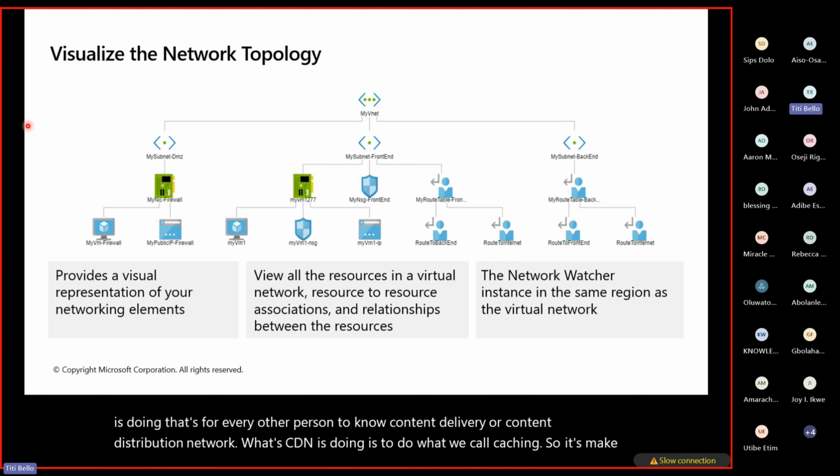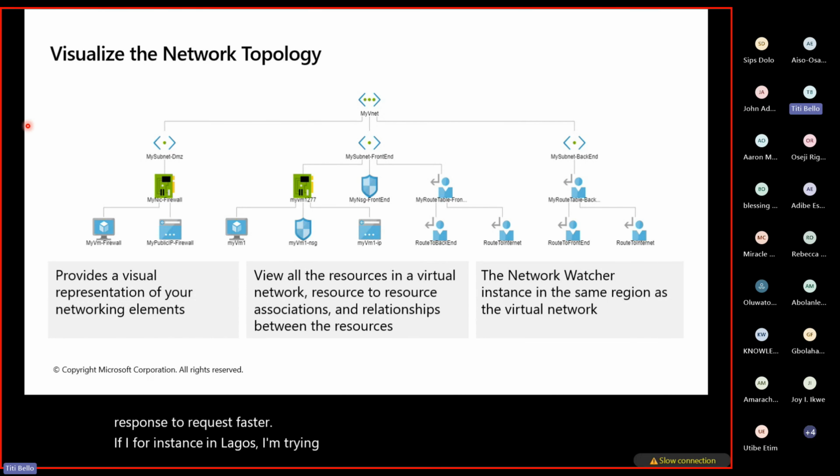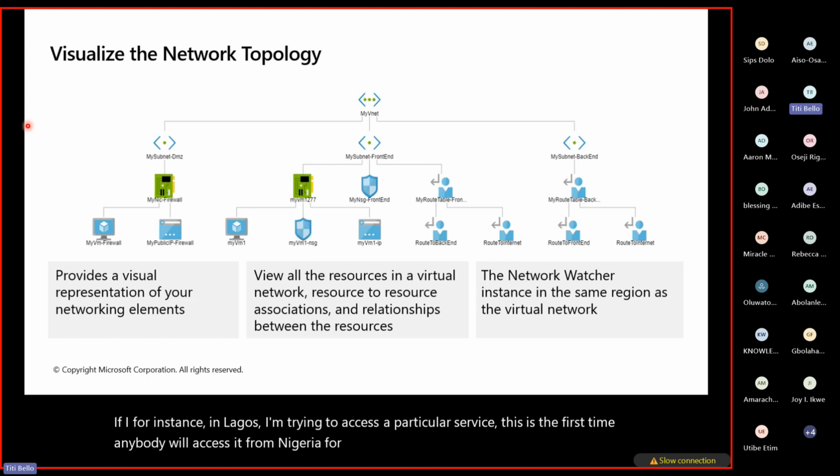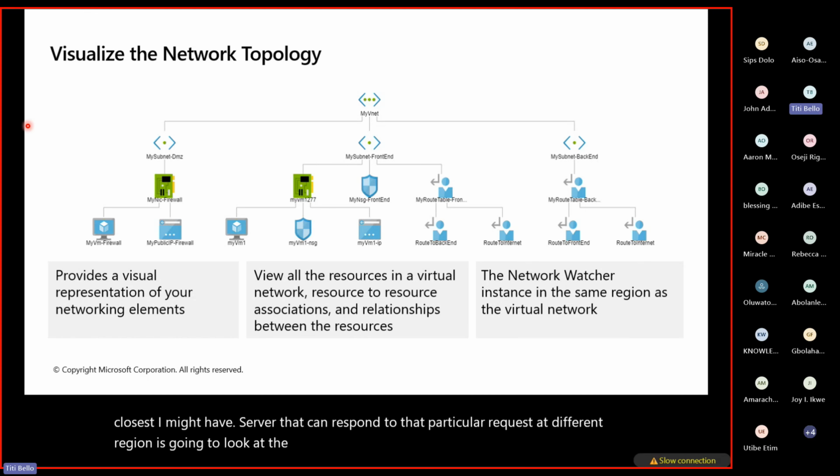response to requests faster. If I, for instance, in Lagos, am trying to access a particular service, and this is the first time anybody will access it from Nigeria, CDN is going to look at the closest region to me that has a server that can respond to that request, and it will give me that content.